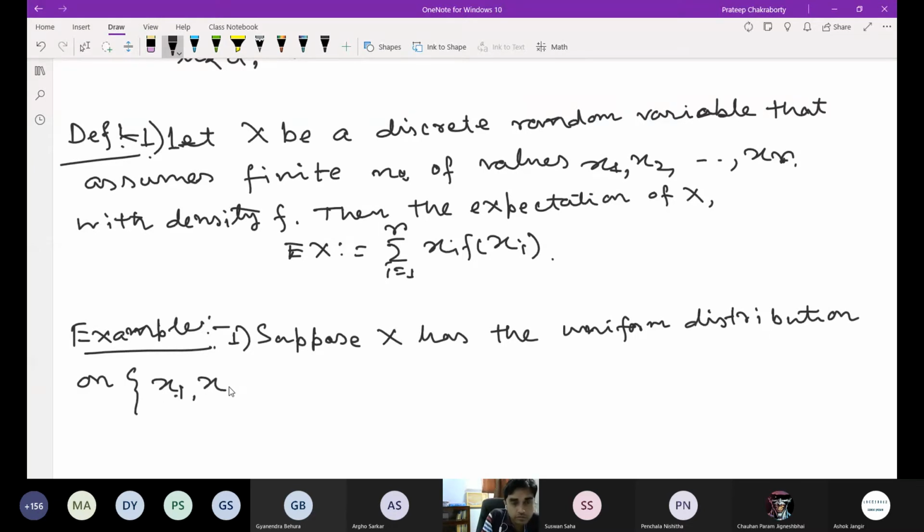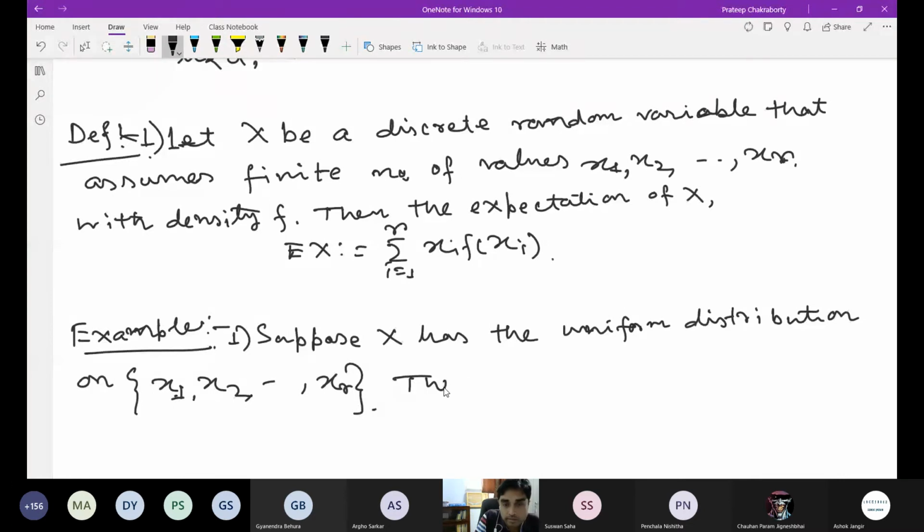That means each of these has the same probability, which is 1 by r. There are r things, and we pick anything randomly, so each has the same probability 1 by r.